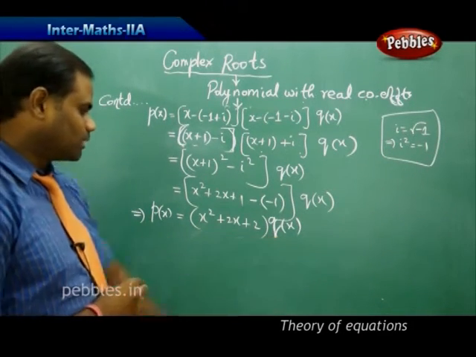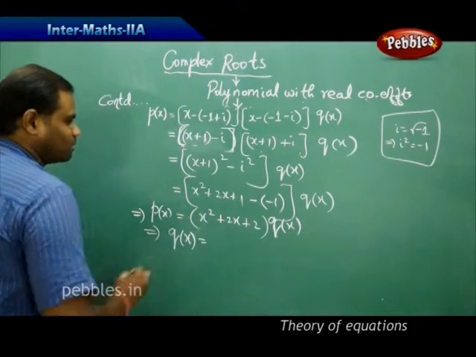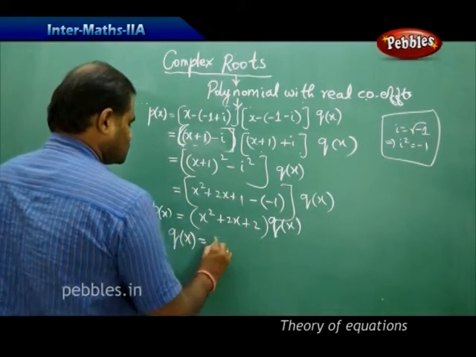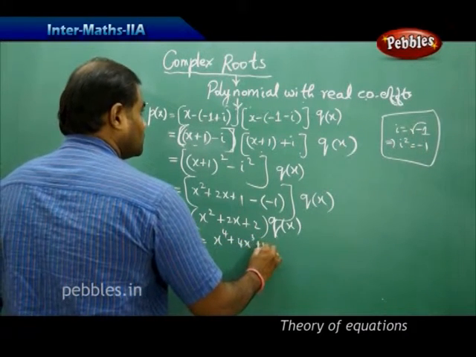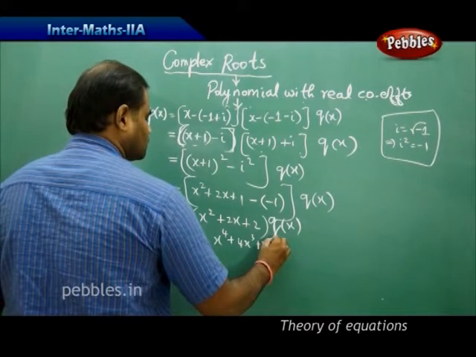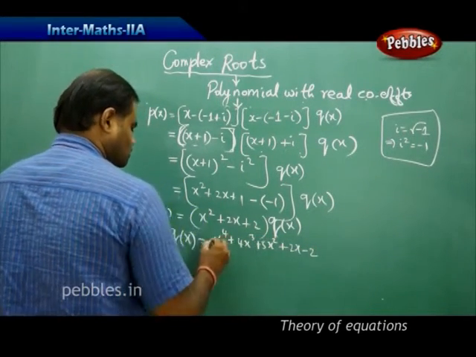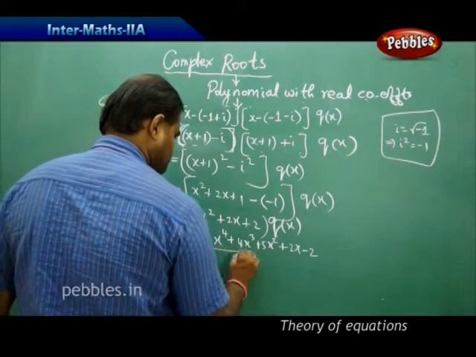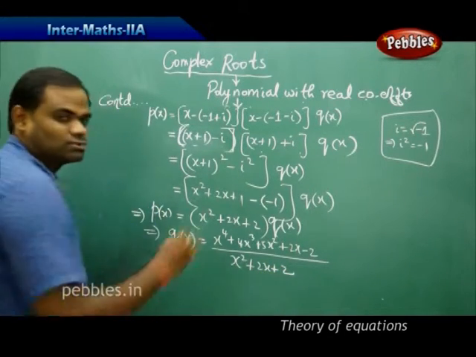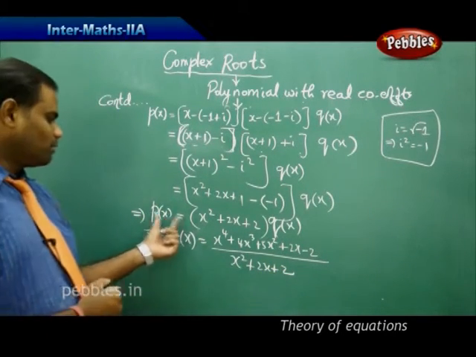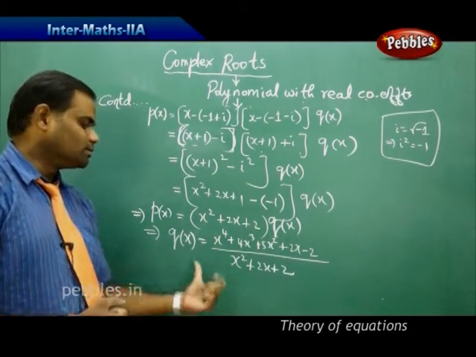But because I want to find q of x, I take this to the left, and my p of x is already known to be x power 4 plus 4x cubed plus 5x squared plus 2x minus 2, divided by x squared plus 2x plus 2. This p of x, being the original function, divided by this gives me q of x.